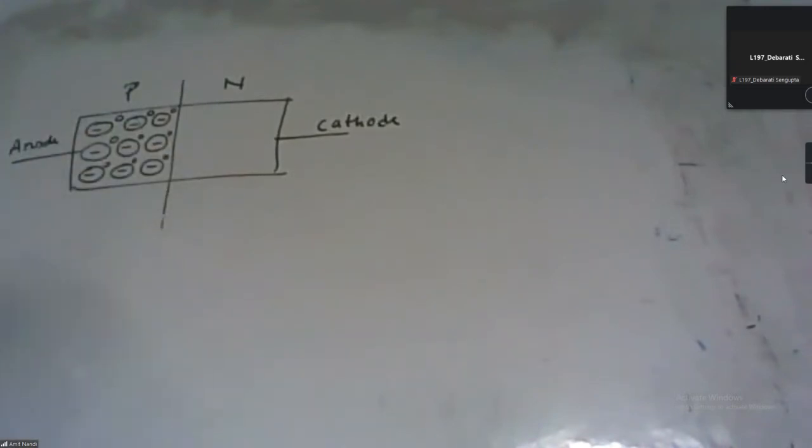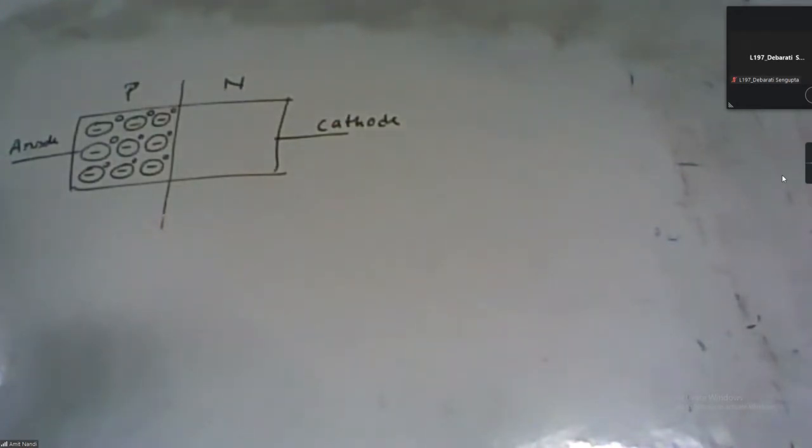In the same way, in n-type semiconductor, we add a pentavalent impurity atom. That means it has 5 valence electrons in the outermost orbit. Out of these, 4 valence electrons create covalent bonds, and one electron is loosely bound by the nucleus.